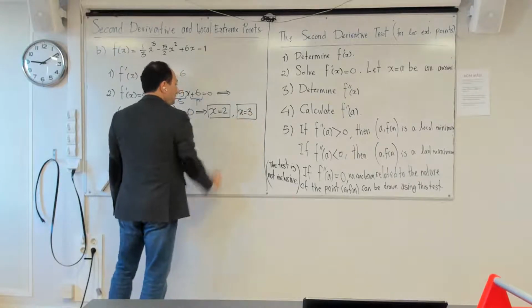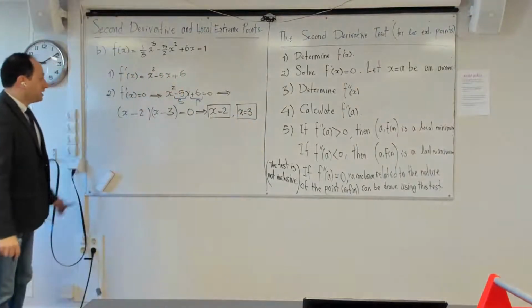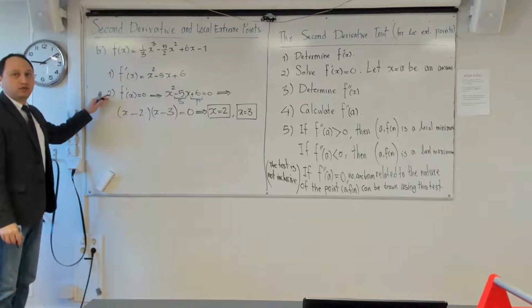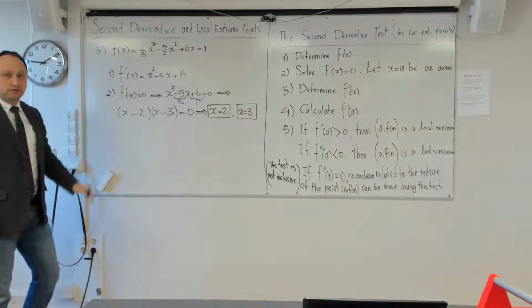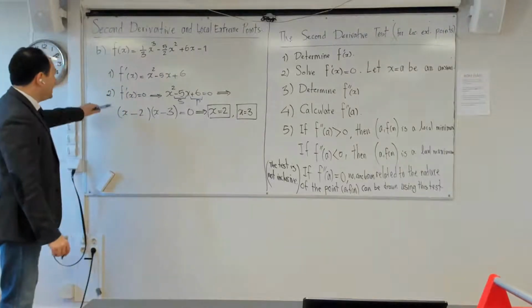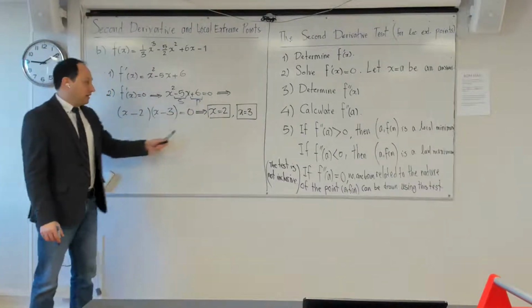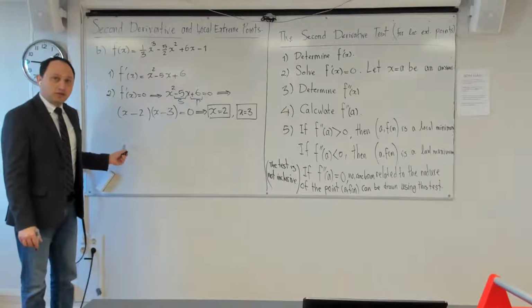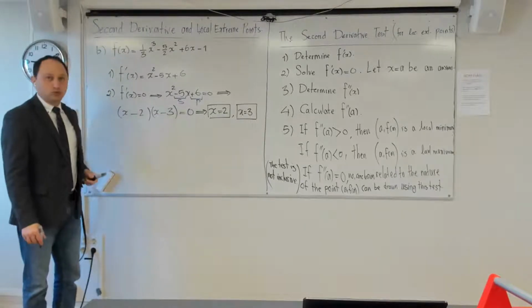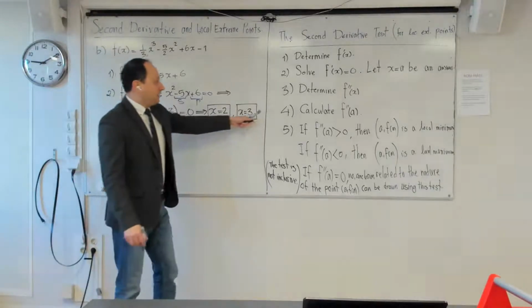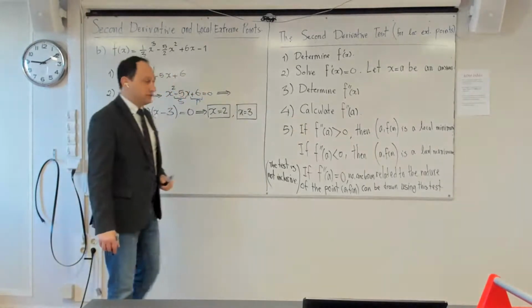So these are my numbers. So far, everything is according to the previous method of the first derivative test. But now, at this stage, in the first derivative test, I will start setting up the sign table. But here, no. In this way, I will go to the second derivative.